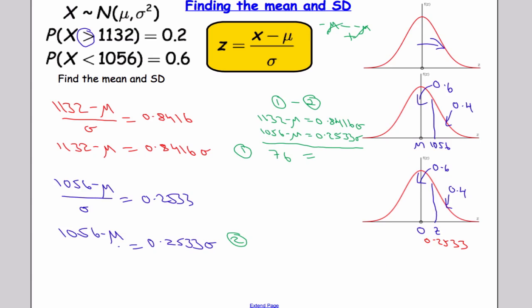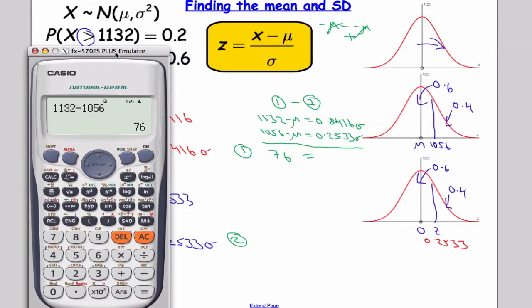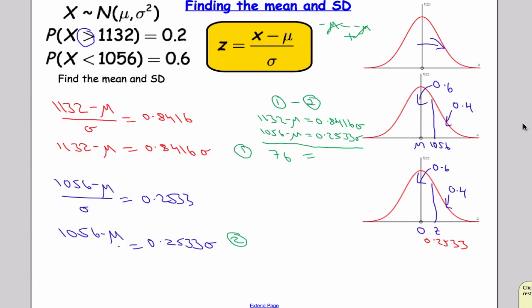That's going to equal, so I need to do 0.8416 minus 0.2533 gives me 0.5883. Technology let me down there.